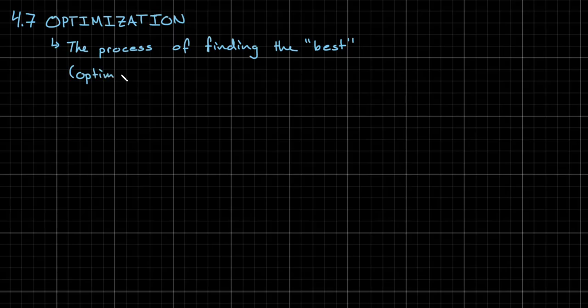Now, as we do these, all optimization is, and you should have done a little bit in Algebra 2, but I didn't teach you Algebra 2, is simply the process of finding the "best," or a more natural word, the optimal solution. And again, it depends on the context.